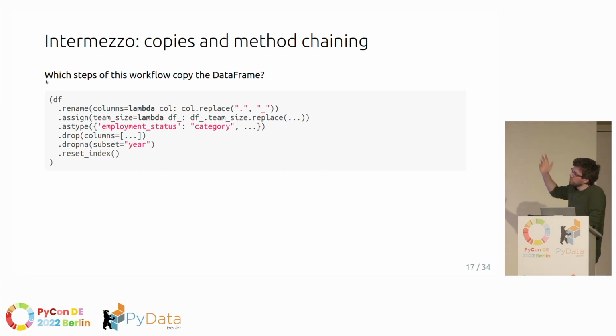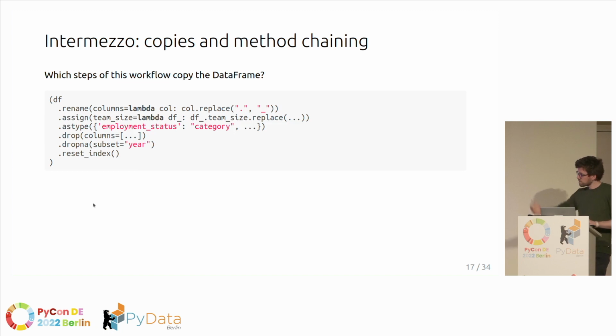So from somewhere you have a data frame, you're renaming some columns, replacing dots with underscores to make them valid Python names, updating a certain column, changing the type of some column, dropping some columns, dropping some rows based on missing values, and resetting the index.